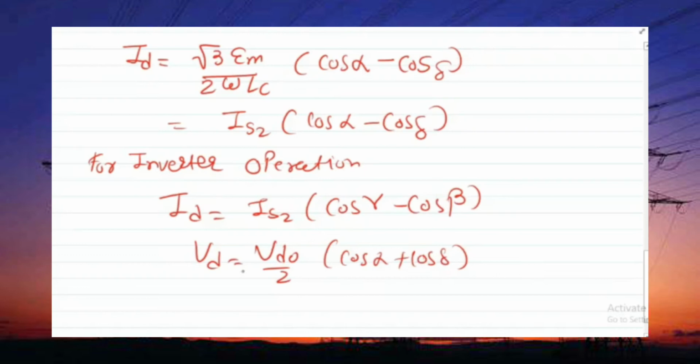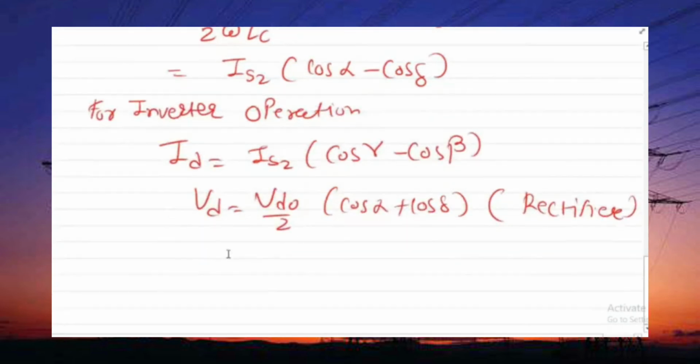So this equation becomes Vdo by 2 into cos gamma plus cos beta, for inverter.